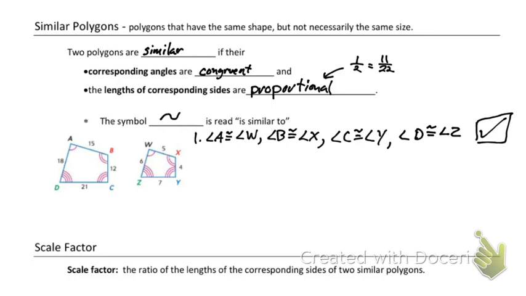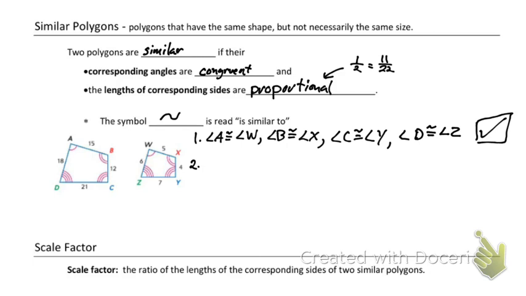Our next check is to make sure all the lengths are proportional. In order to do that, we have to put corresponding lengths on top of each other in a ratio. Because to have a proportion, you have to have a bunch of ratios. So my second check is comparing corresponding sides.